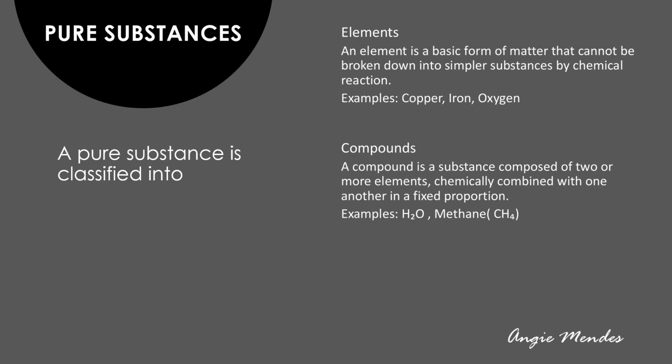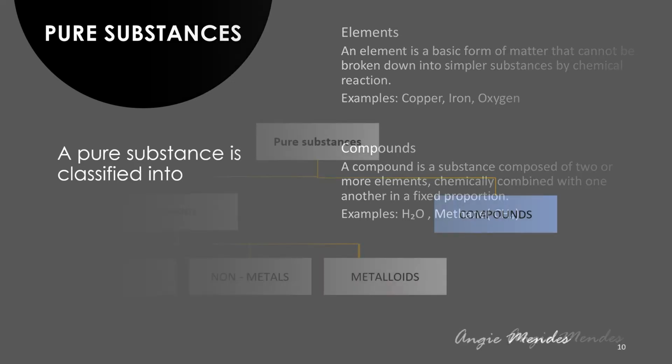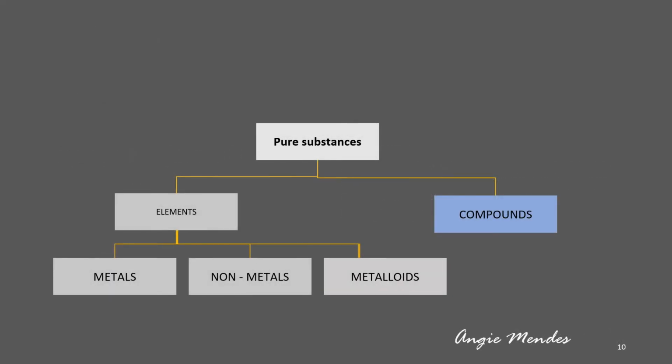This is the compound which is formed when hydrogen and oxygen combine together. So, a compound is a substance composed of two or more elements chemically combined with one another in a fixed proportion. This is a summary of what I've just said, that pure substances can be classified into elements and compounds.